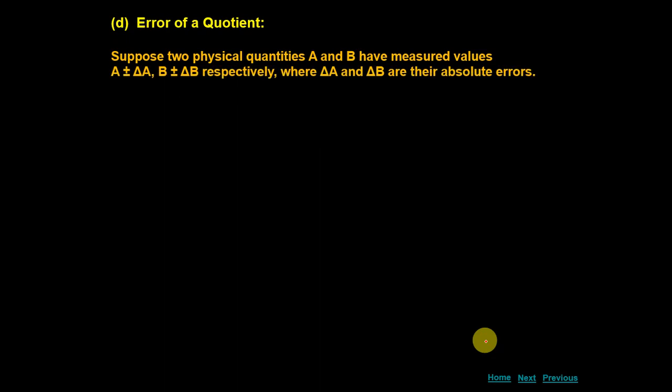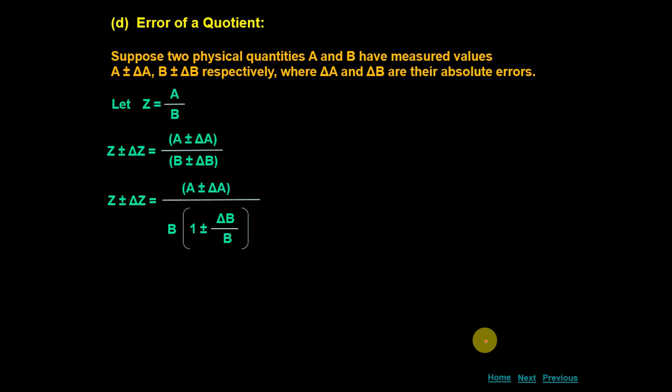Quotient or division. Again we are taking the same two numbers, and let us consider Z to be the quotient of the two numbers, A over B, and we are taking the errors also. So here Z plus minus delta Z, A plus minus delta A, and from here we are taking B common.